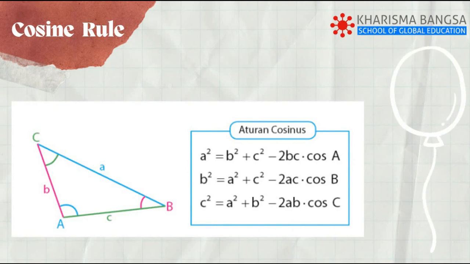Trigonometry concept includes cosine rule. It's a bit straightforward. On this example, lines are indicated with lowercase letters and angles are indicated by capital letters.